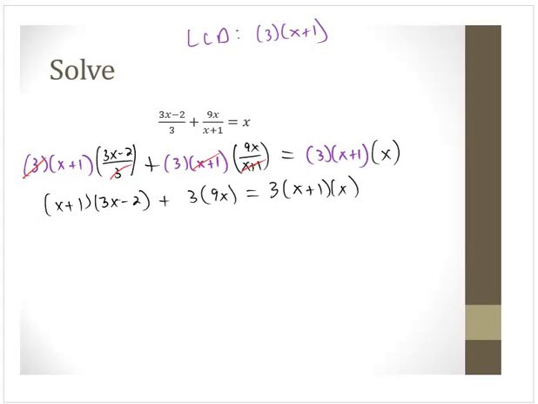Alright, x plus 1 times 3x minus 2. Multiplying those binomials, distribute, combine like terms, FOIL, however you want to think of it. We'd have a 3x squared plus x minus 2. 3 times 9x is a 27x. On the right-hand side, 3 times x plus 1 is 3x plus 3. Times x is 3x squared plus 3x.